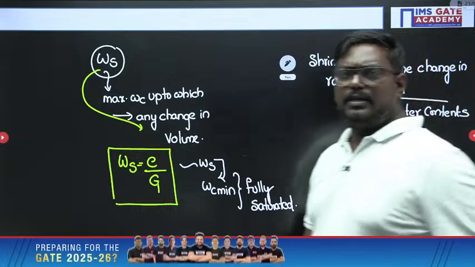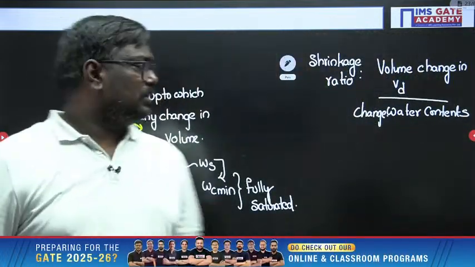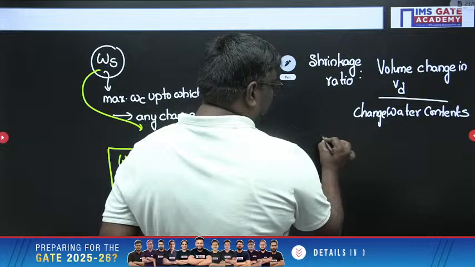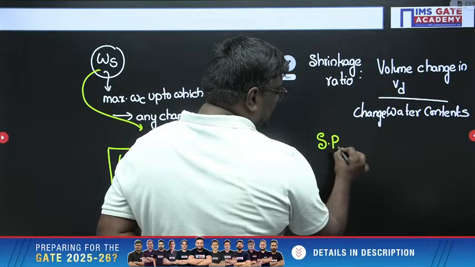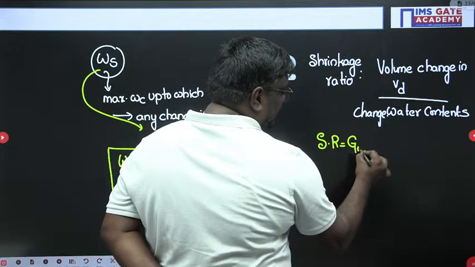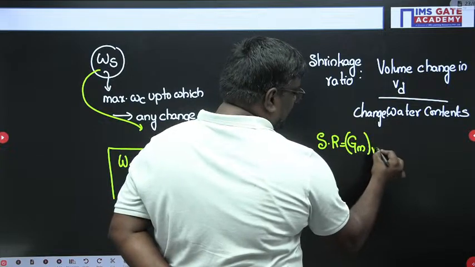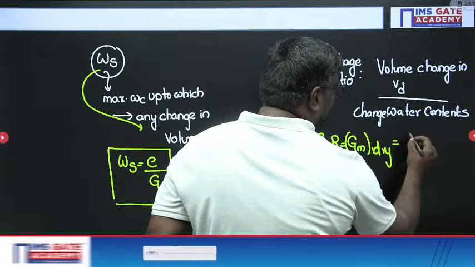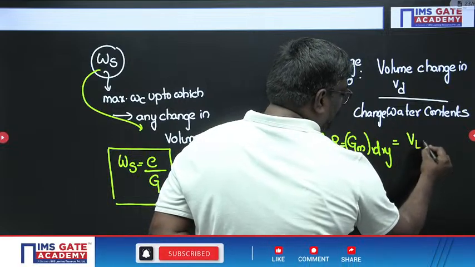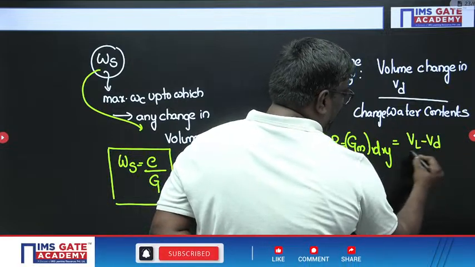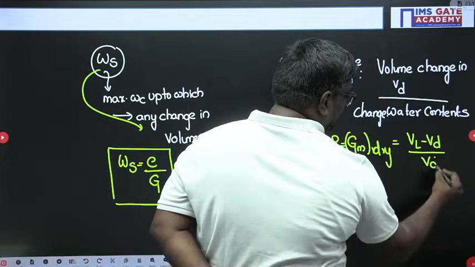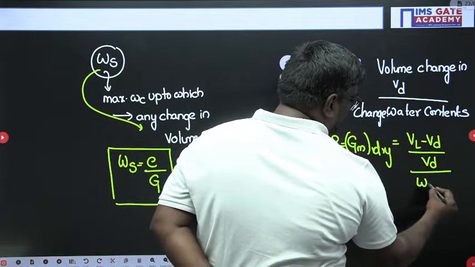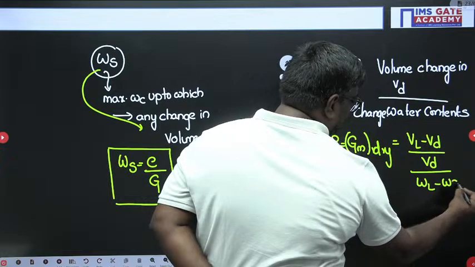Now, please see here. If they ask you what the shrinkage ratio is, you can also write it as the mass specific gravity at dry state, or you can say it is the change in volume, VL minus VD upon VD, upon WL minus WS.